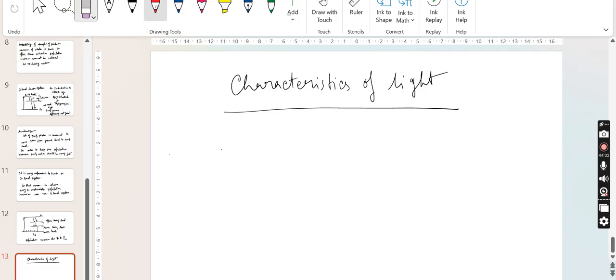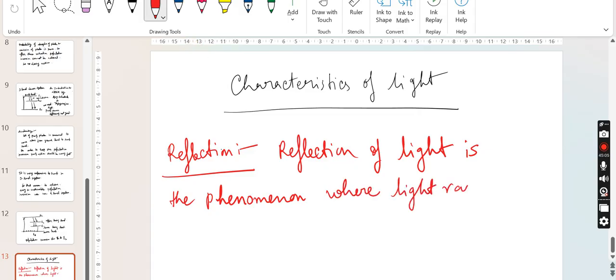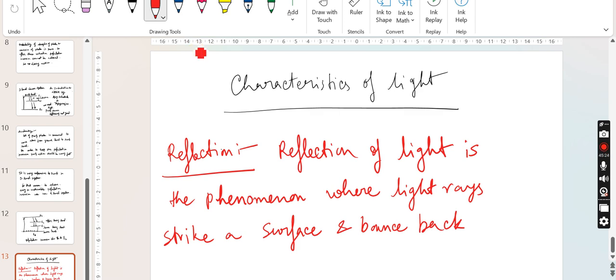The light rays strike a surface and bounce back into the same medium, enabling vision and image formation.